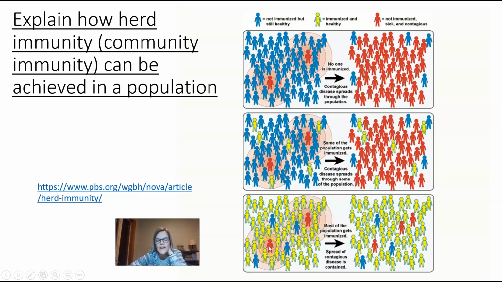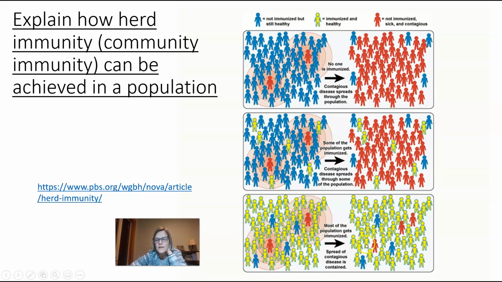So again, here we have our two sick people, but now most of our population is immunized. And we just have a few individuals in that population who are not immunized. So these blue ones are not immunized. Most of them are yellow. They're immunized. And then I've got these two red people that are sick.